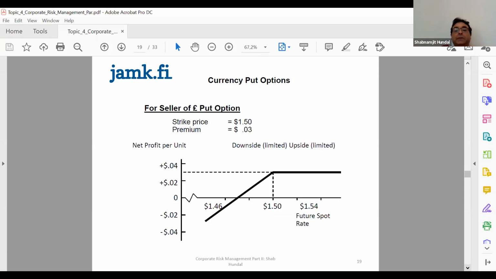The seller could be a bank, if it is a tailor-made OTC type of contract. The seller can be the option exchange, like CBOE, which I mentioned in the beginning, the Chicago Board Options Exchange. So in that case, we can have market traded options as well.